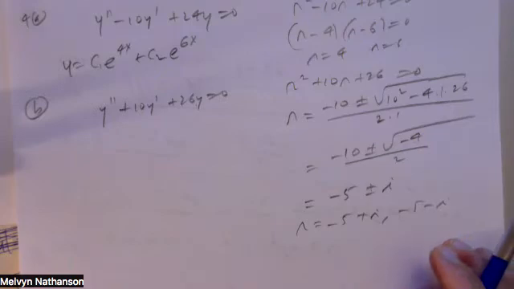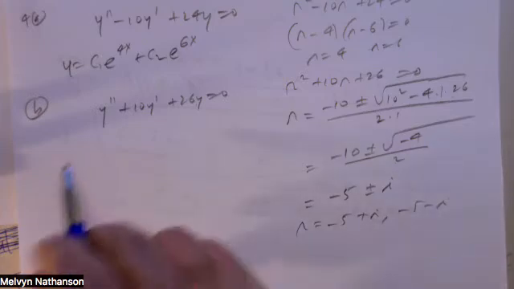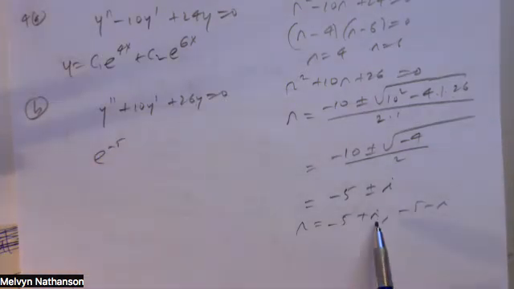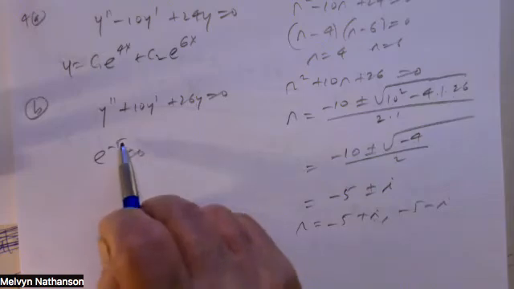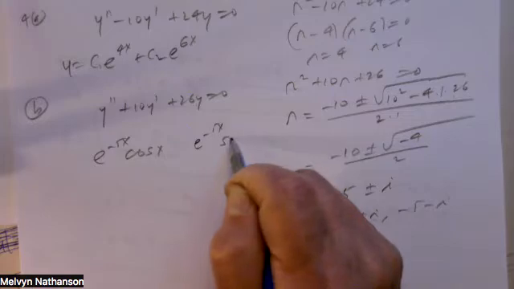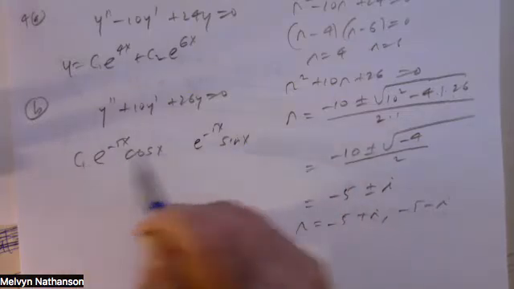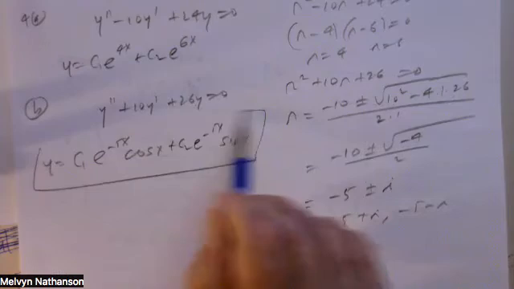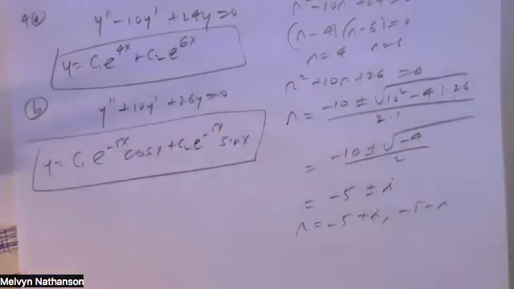And we know from the elementary theory of constant coefficient linear second order homogeneous equations, one solution is e to the minus 5x cosine x, and the other solution is e to the minus 5x sine x, and any linear combination of them is a solution.